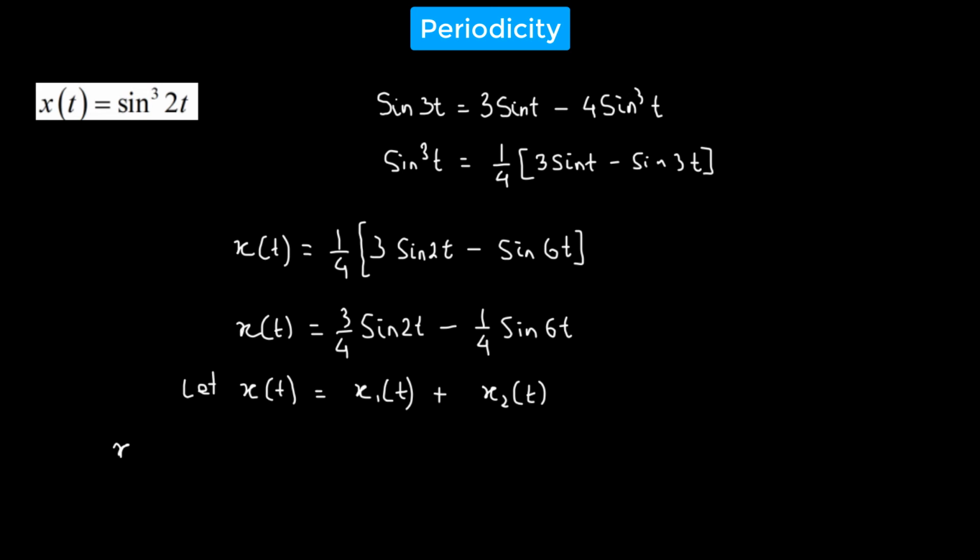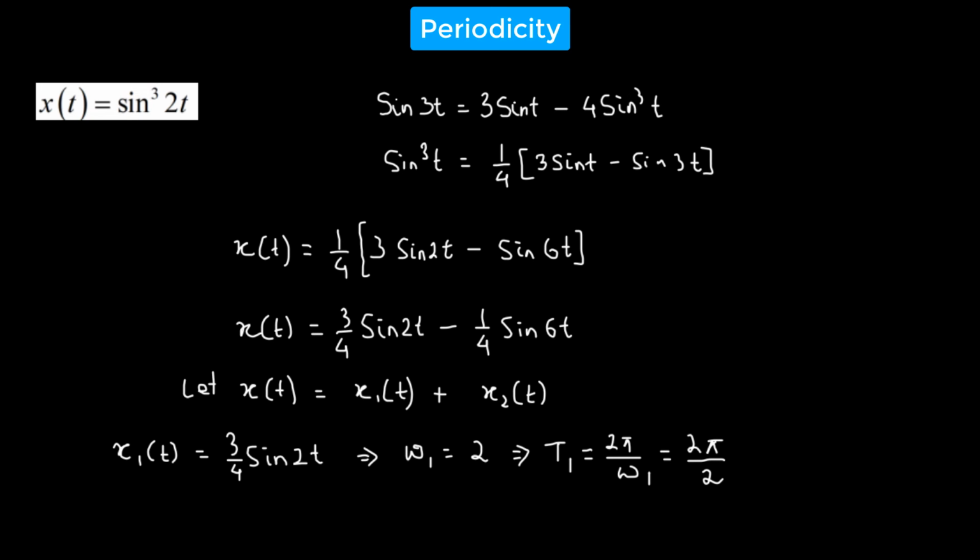We begin with x1 of t, equal to 3/4 of sine 2t. When we compare it to our standard form, we get the omega value; we'll consider omega 1 equal to 2. This gives us the time period T1, which is 2 pi over omega 1, so 2 pi over 2, which gives a period of pi.